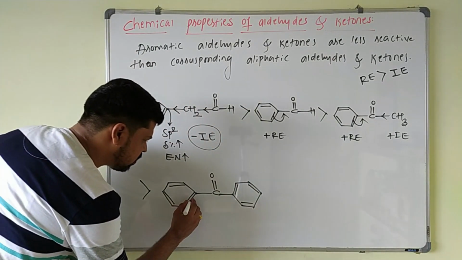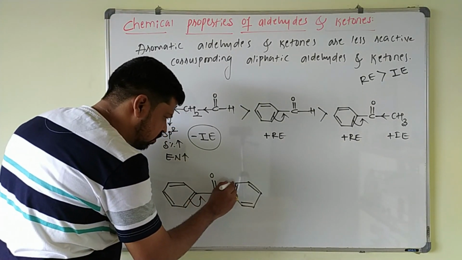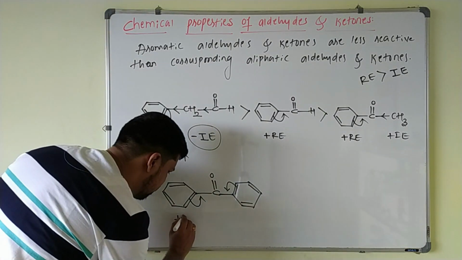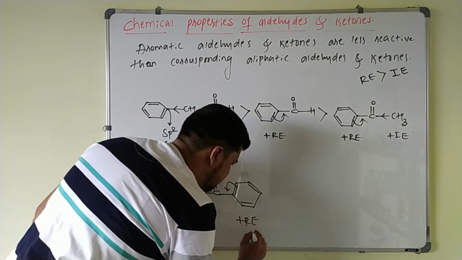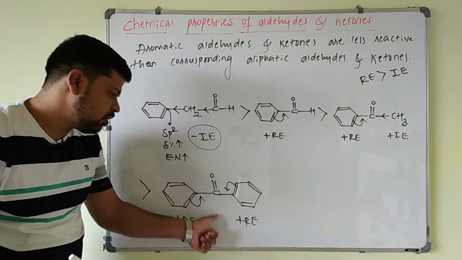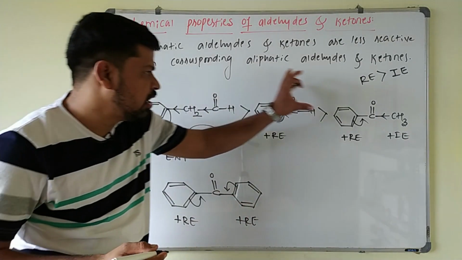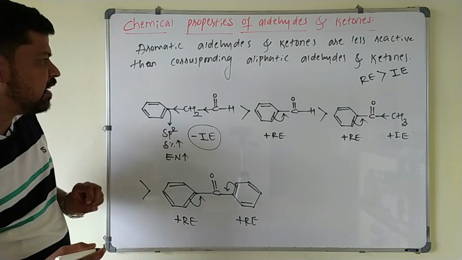Now this is releasing electron density towards the carbon by the resonance effect, and this also is releasing electron density towards the carbonyl carbon by the resonance effect. There are two positive resonance effects in this compound which decrease the positive charge density on the carbon atom, again their reactivity decreases. So this is the order of reactivity of these aldehydes and ketones here.